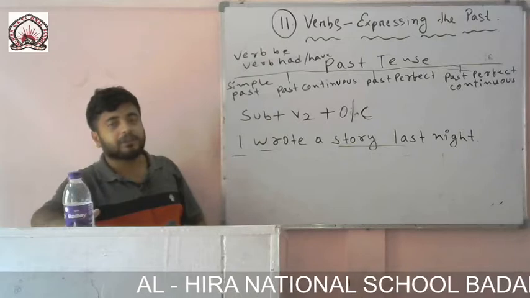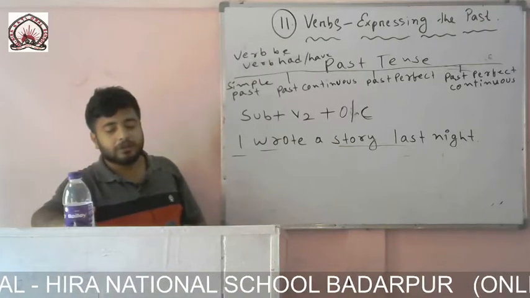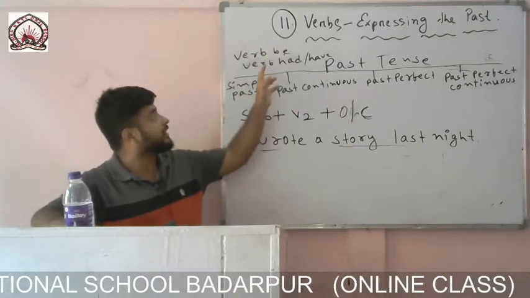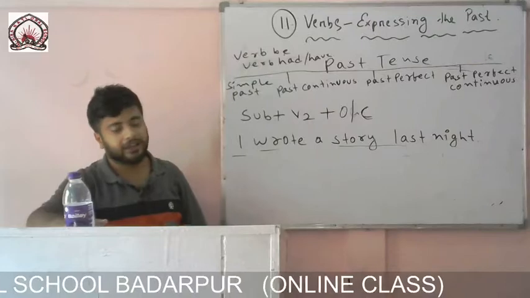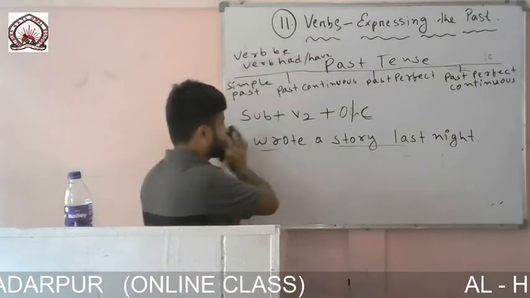If there is no main verb, then what we have to do? We can use past tense forms of the verb be and verb had or have.